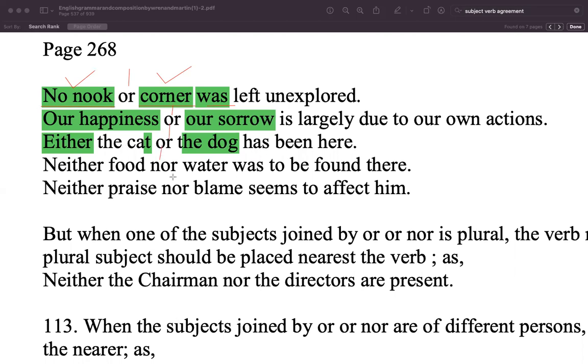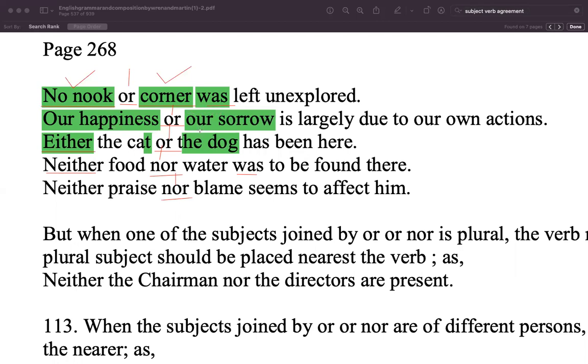You can say nor also, that may be either or, or neither nor. If these singular subjects are joined with or, either or, neither nor, the verb definitely follows the singular subject. So, no nook or corner was left.